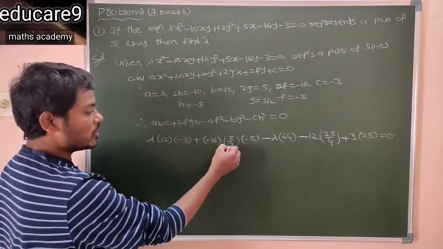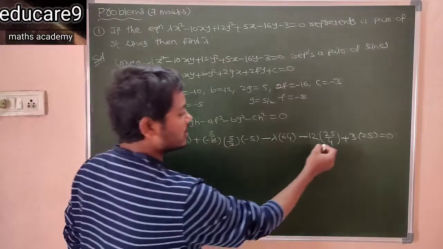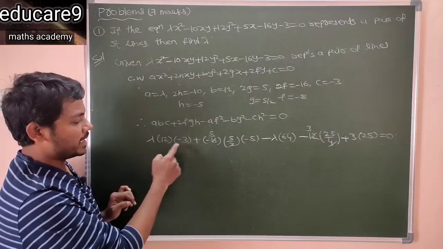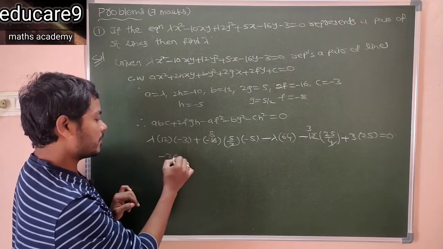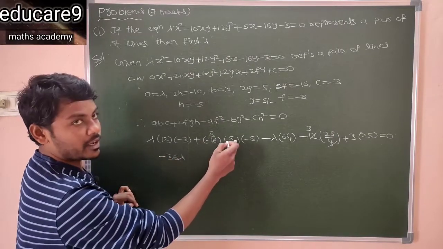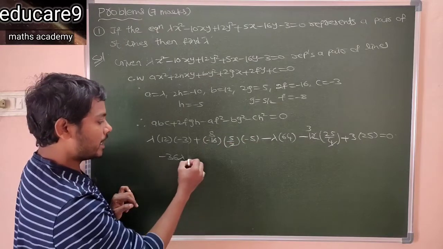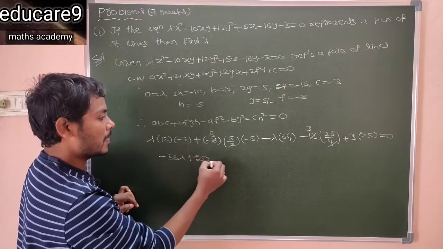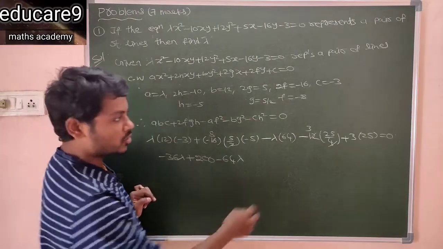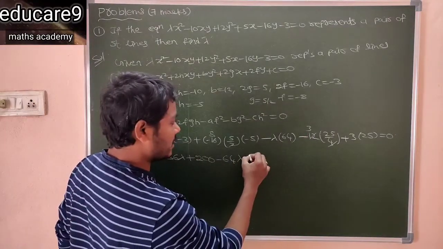So here 2 1s are 2, 8. Next here 4 1s are 4, 3. Now this is what? Minus 36 lambda. Next 8 into 5, 40 into 5, 200. Minus 64 lambda. Next 25 into 3, minus 75.